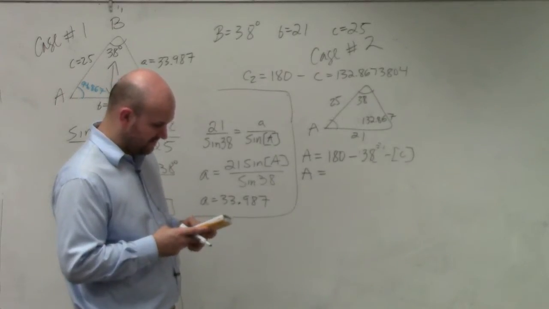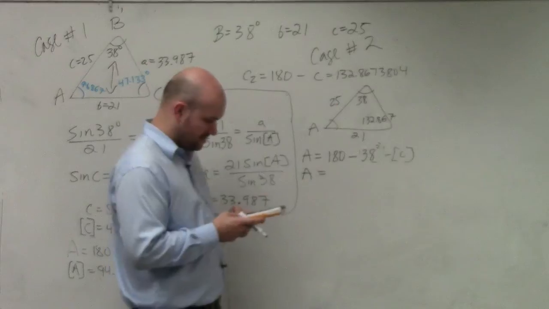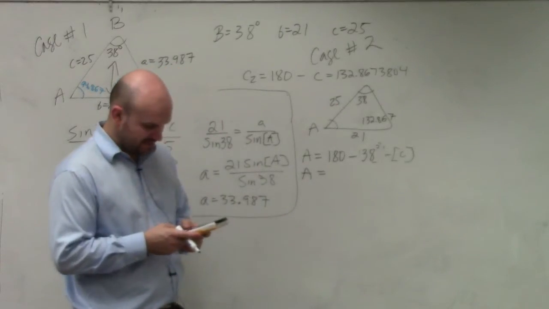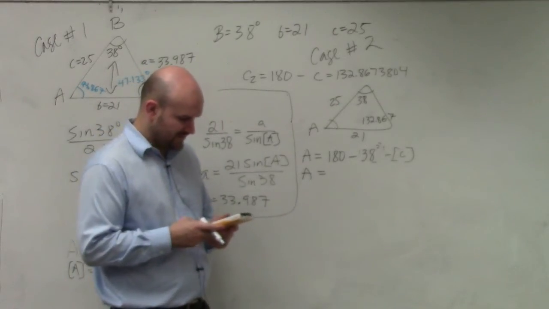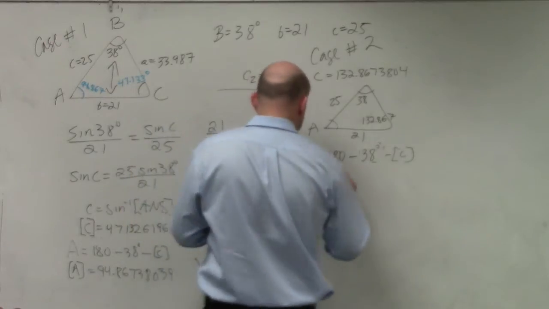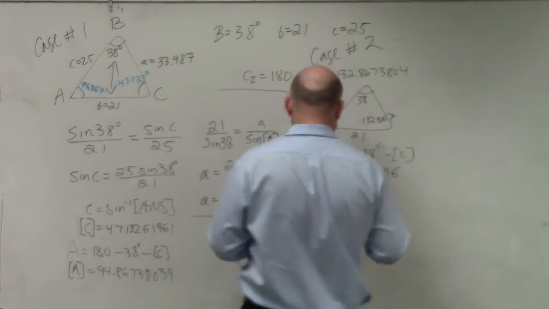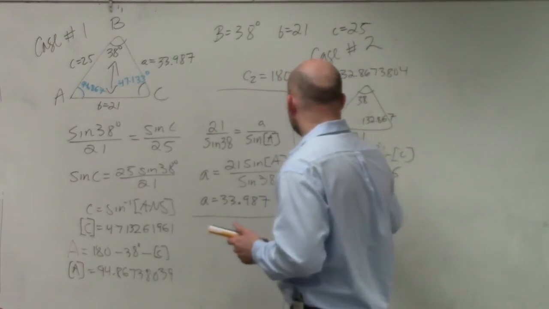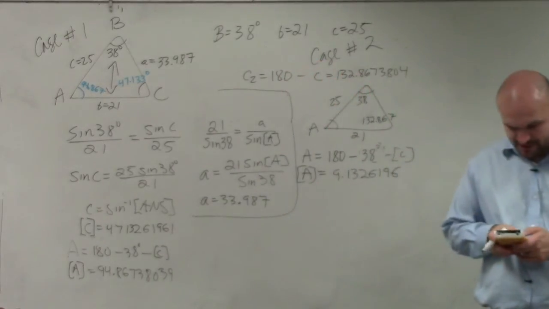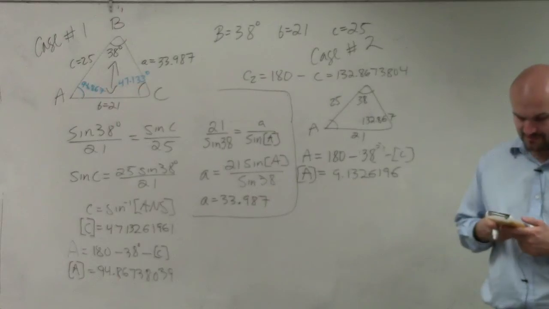Store alpha C. Good. 180 minus 38 minus alpha C. There we go. A is 9.1326196. Now I'm going to store that as my new A. So I'll hit store alpha A.